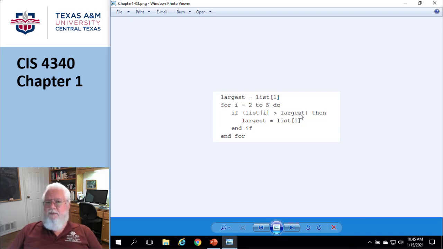Now, if it was completely random and you had an array of 100 elements in it, then the average would probably be around 50. Are you seeing what I'm saying? In other words, this statement right here would probably run 50 times if it was completely random. If it was pre-sorted, it'll probably run one time.